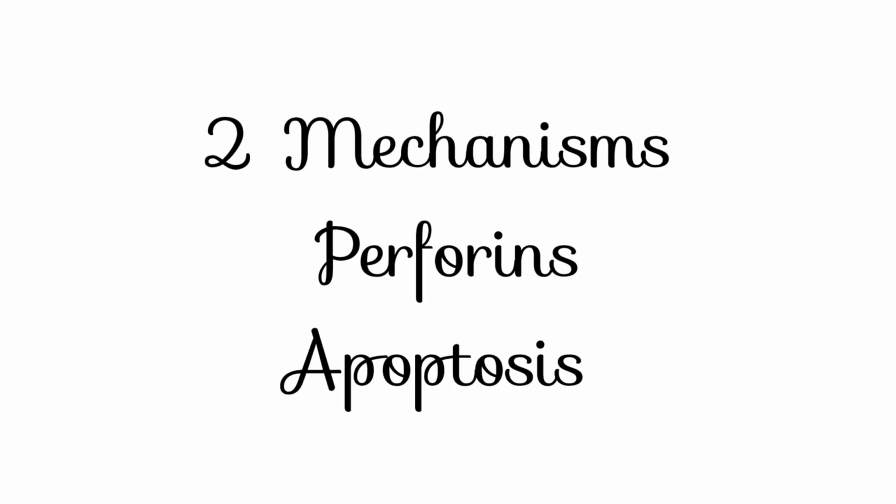CD8 lymphocytes perform the cytotoxic function, that is, they kill the virus infected cells. They also kill tumor cells and allografts. They kill by either of two mechanisms. There are two mechanisms by which the CD8 positive cells kill the virus infected cells. First is the production of perforins.